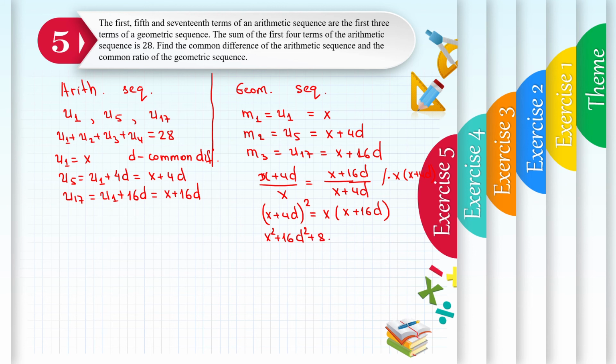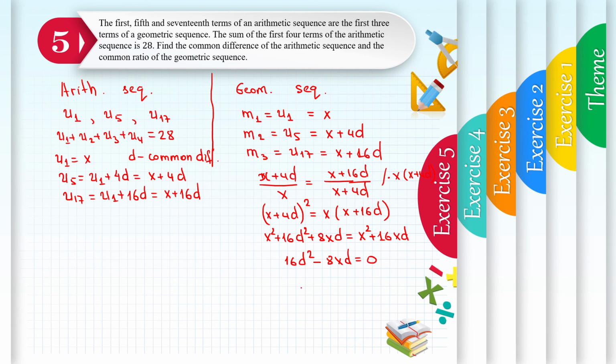If we expand the left side, we get x squared plus 8xd plus 16d squared, which is equal to x squared plus 16xd. So 16d squared minus 8xd is equal to 0.